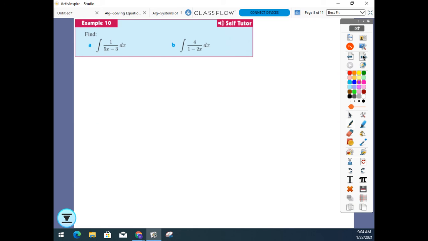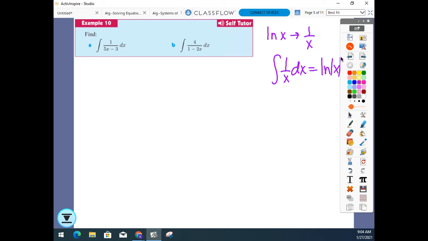All right, last example has to do with ln, because when you look at the denominator, we're using our general concept that the derivative of ln x is 1 over x. That's why the antiderivative of 1 over x equals ln x.